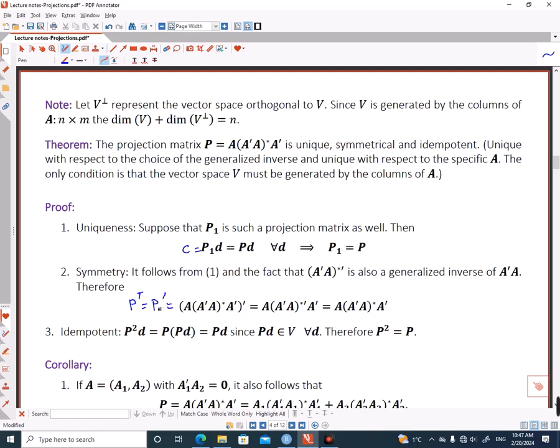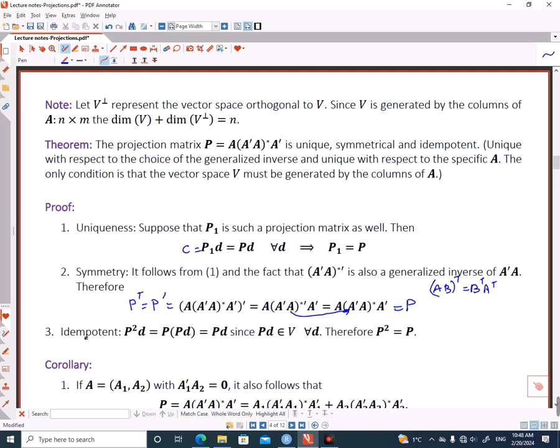If I transpose P, then from the fact that (AB) transpose is equal to B transpose A transpose, I can write it as A prime A generalized inverse prime, then A prime. And this transpose is again a generalized inverse of A prime A, so I can replace it with the generalized inverse of A prime A, and it follows that it is equal to P, and so it's a symmetric matrix.